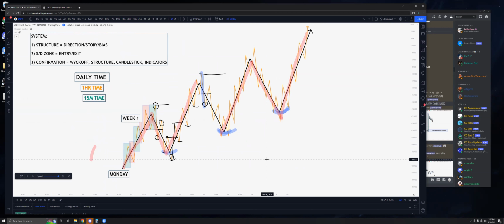Hey, RZ, just one question I had, I think it goes back to Nez's webinar. There was a situation where structure was invalidated. It didn't quite make a lower low. So I'm wondering, if it's invalidated on a different time frame, do we just skip past it, or how do you look at those situations?